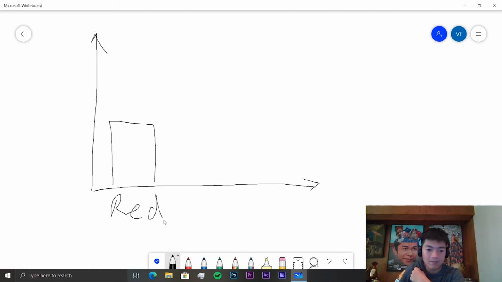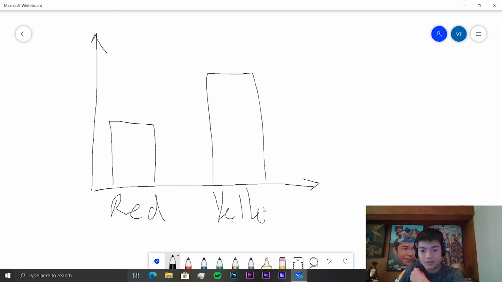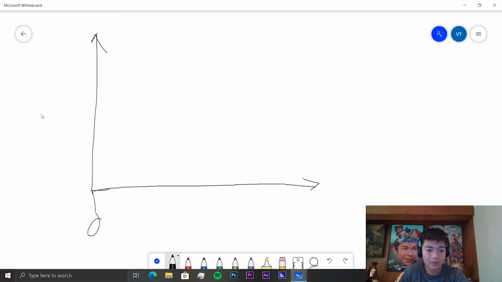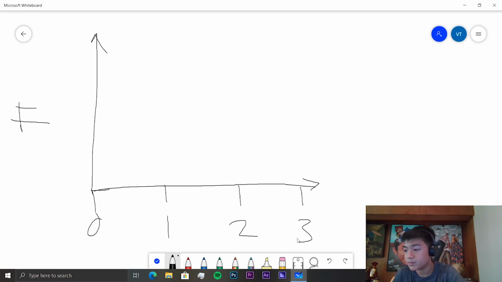This is red, this is yellow, because these answers have no correlation with each other. But if we're dealing with discrete numerical data, say the number of siblings, then we can still use a histogram and label it: frequency, and number of siblings 0, 1, 2, 3 over here.